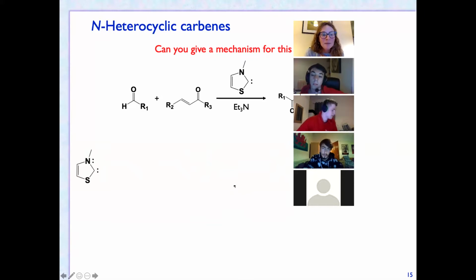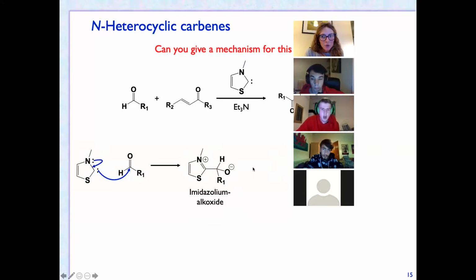Yeah, the carbene attacks the aldehyde. So you have seen in the video already that when this happens, we have the formation of this imidazolium alkoxide species. Can we draw it in another way?